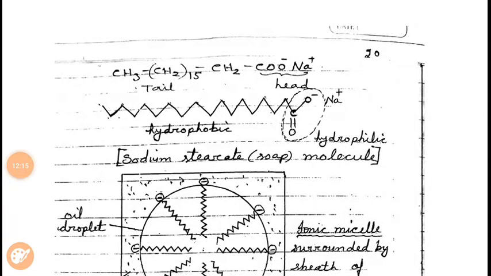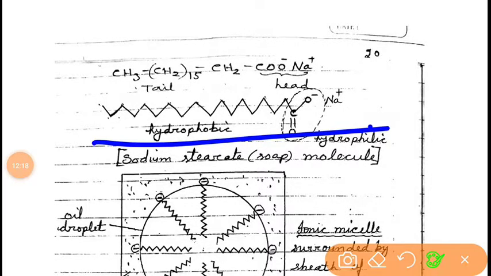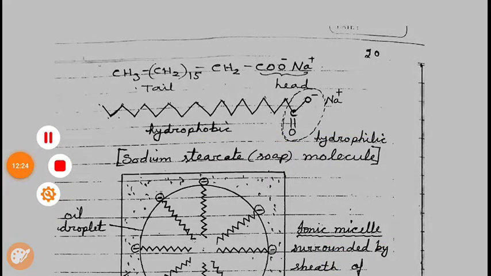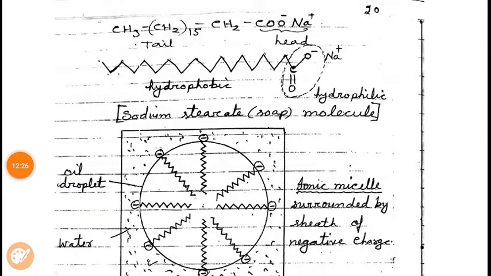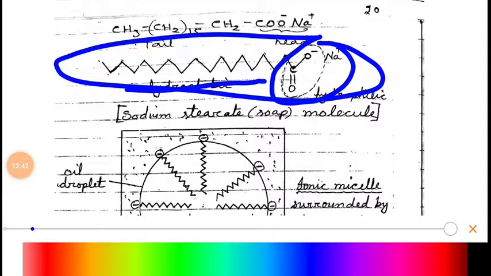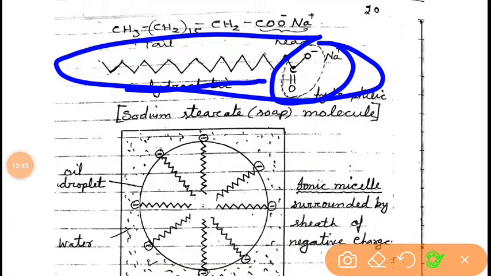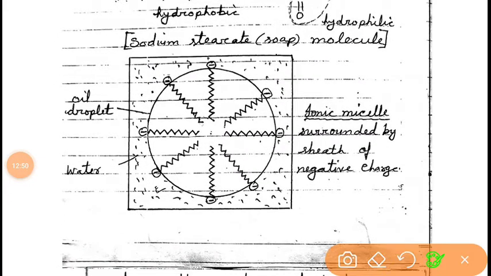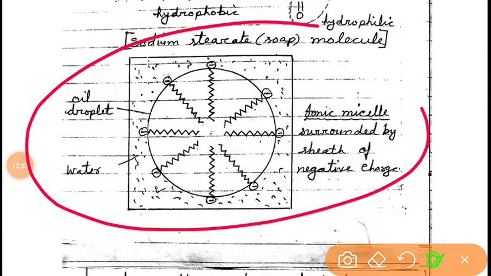ये आपका soap molecule, this is the soap molecule, this is the soap molecule, long hydrophobic end, and this is the ionic part or polar, and this is the micelle formation.